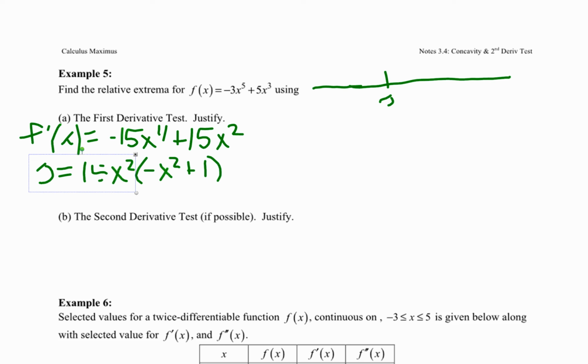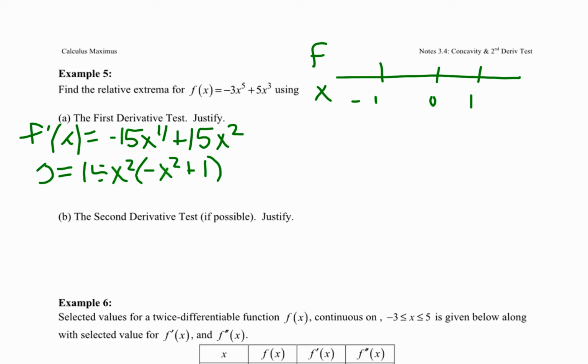Well, I guess I should have done it this way. I don't like the way it looks. Let's try that again. We have negative 1, 0, and 1. These are x values, and we're checking the sign of f prime. If we plug in different numbers, it looks like we would get negative, positive, positive, negative.